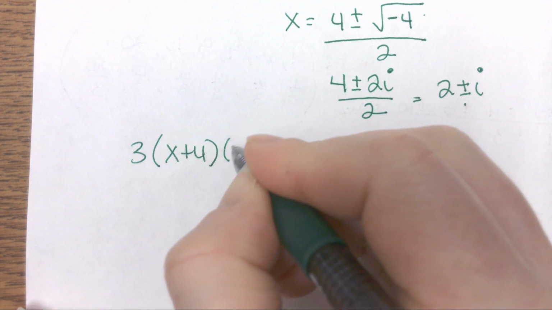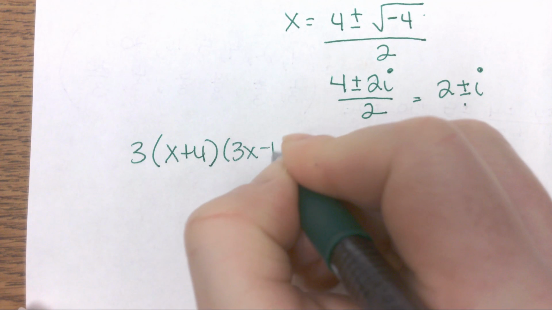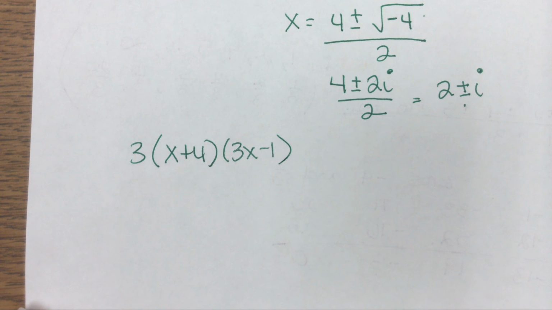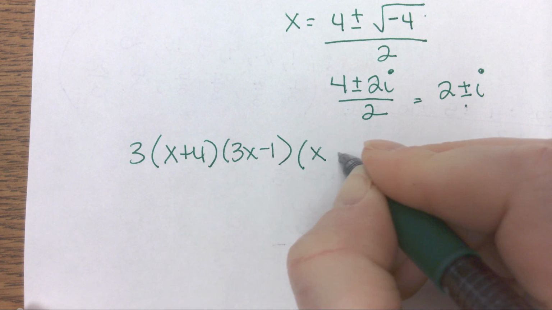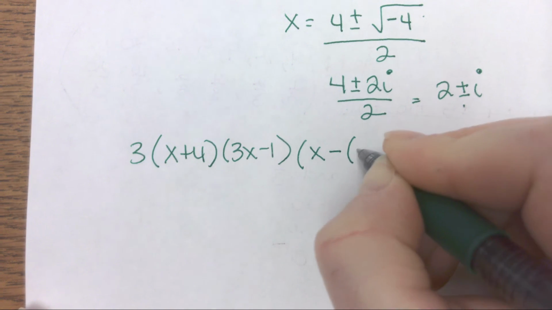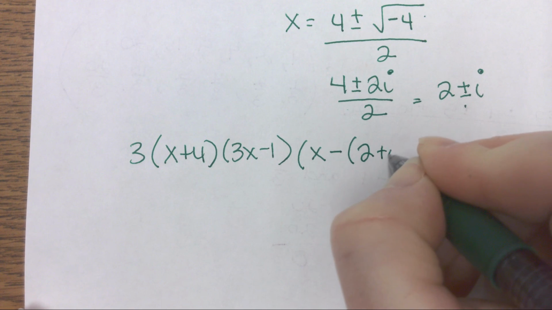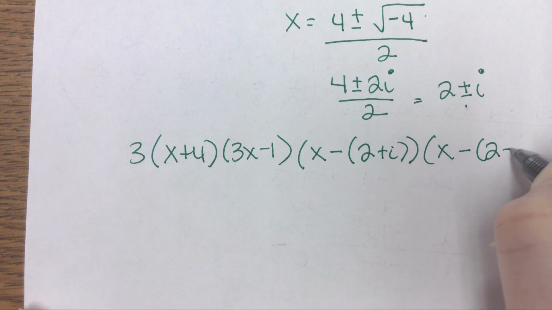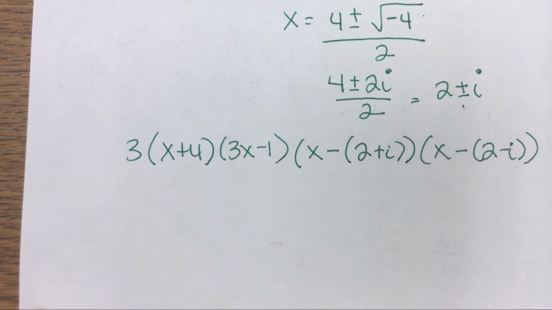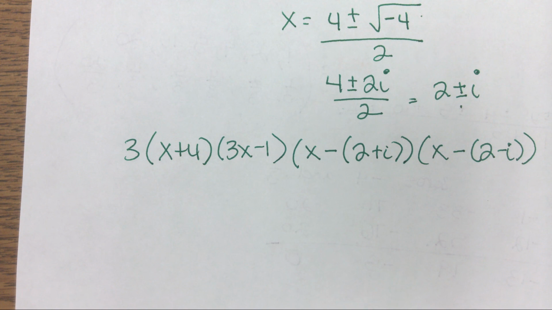We had a 3x minus 1. We had an x minus 2 plus i, and an x minus 2 minus i. Bam. And that would be all linears.